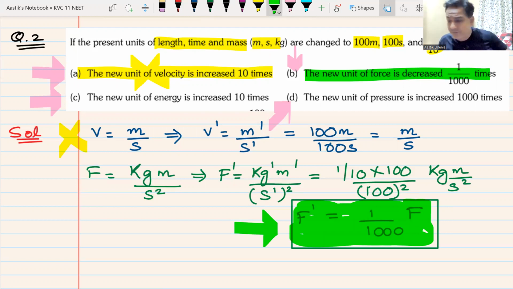We don't need to go any further because the other options are wrong. How many of you got this answer? Please raise your hands.